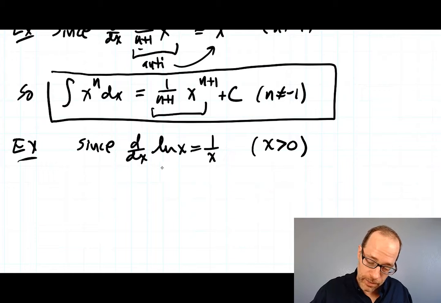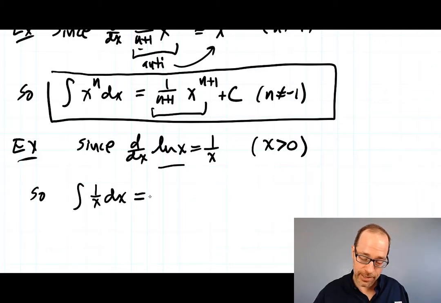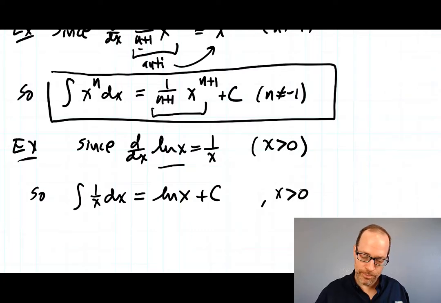That means that the log is an antiderivative for 1 over x. So the integral of 1 over x dx, an indefinite integral, is just the antiderivative, which is the log of x, plus C, at least for x bigger than 0.